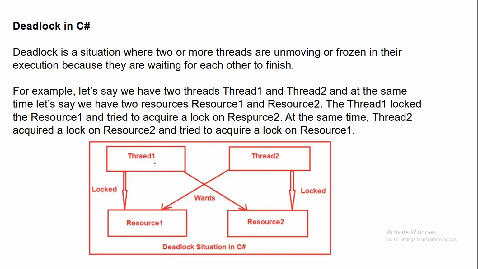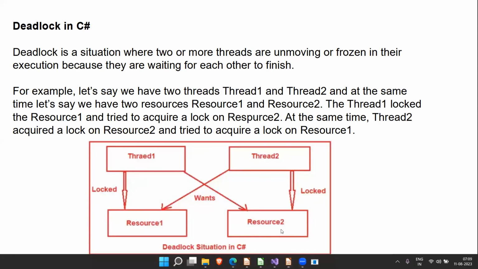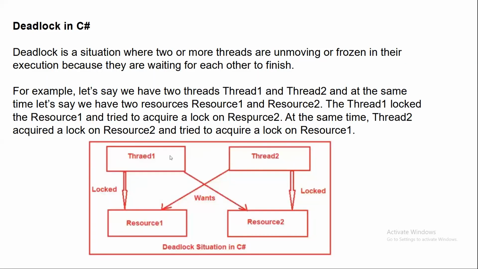Thread 1 locked resource 1, and it is trying to lock resource 2, but it is not able to because thread 2 already locked resource 2. So each thread locked one resource and wants the other resource to be available to complete its work.